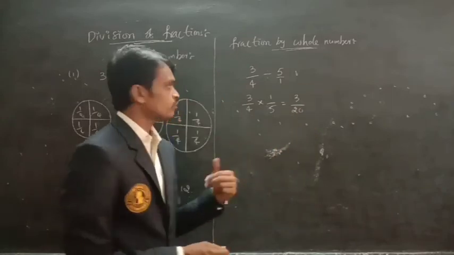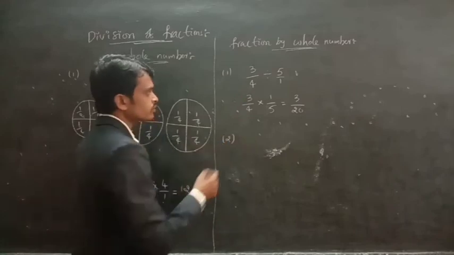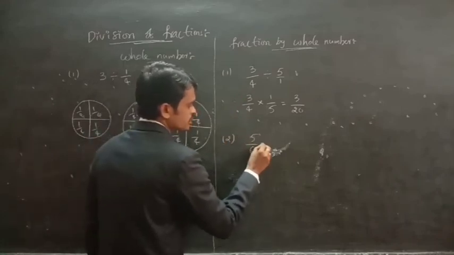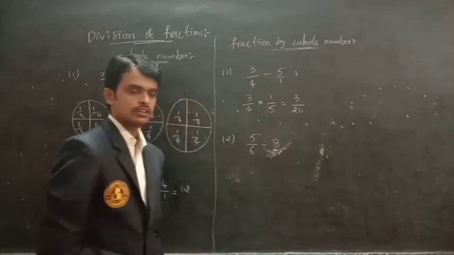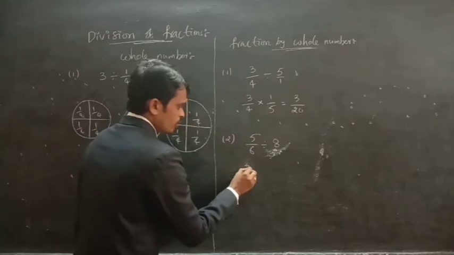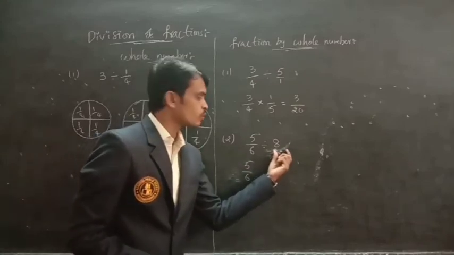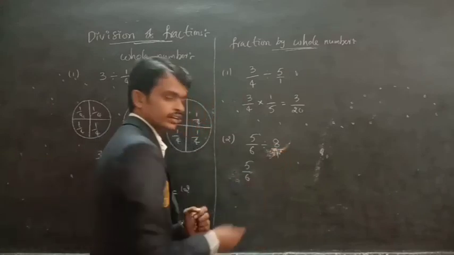Let us take one more example. 5 by 6 is divided by 8. Let us write the whole number as 8 by 1.